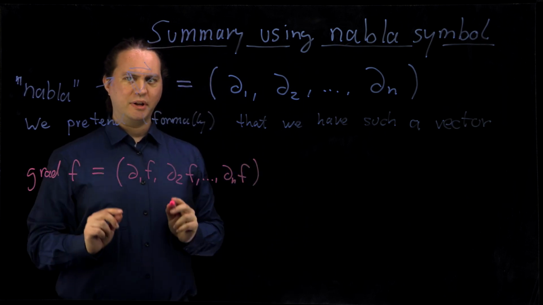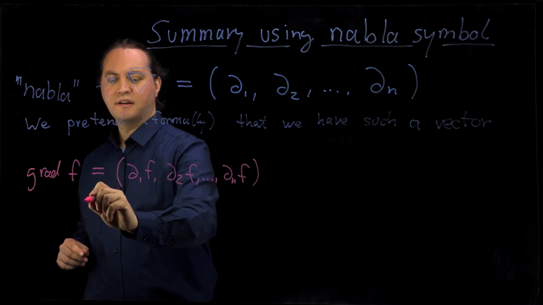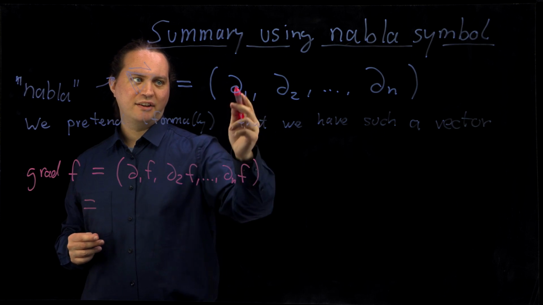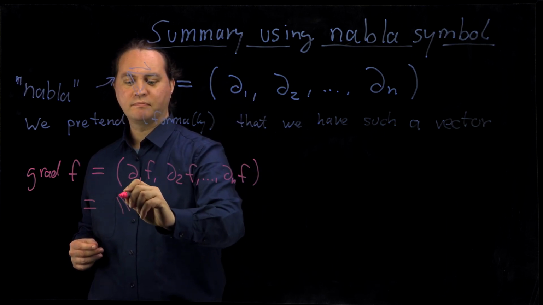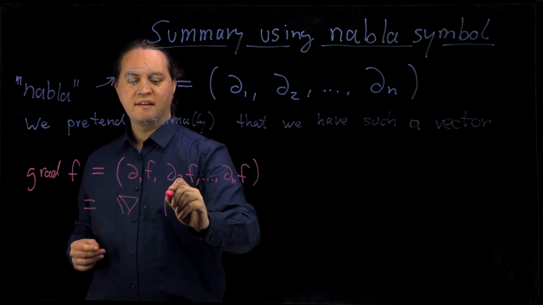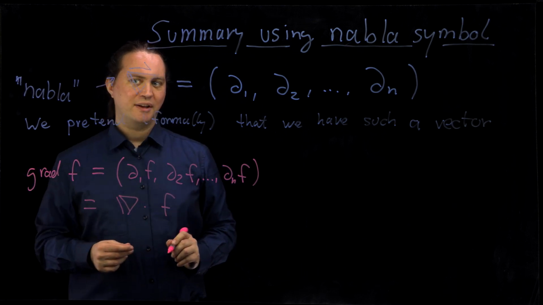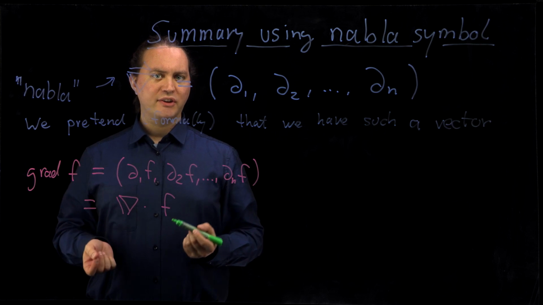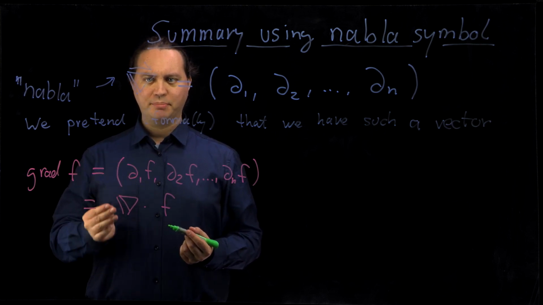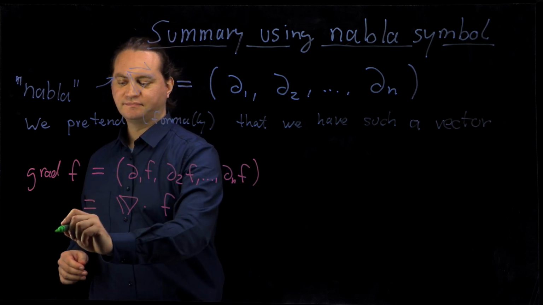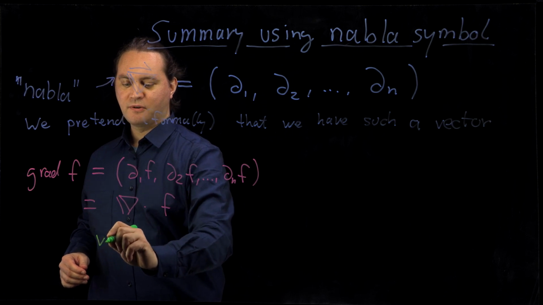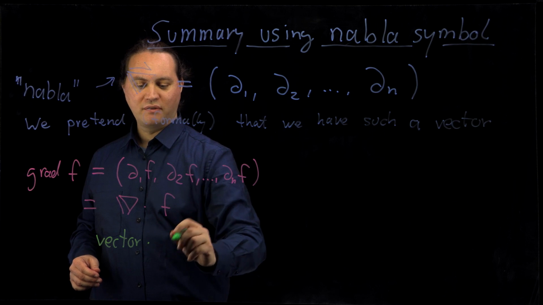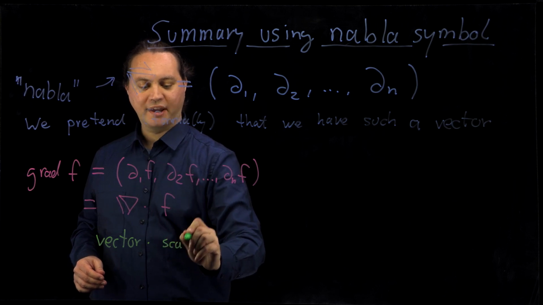And purely formally, I can write this as, well, we take the nabla vector and multiply it with the function f. That is modeled after the geometric operation of multiplying a vector with a scalar. Formally, it looks like we multiply the nabla vector with the scalar f.